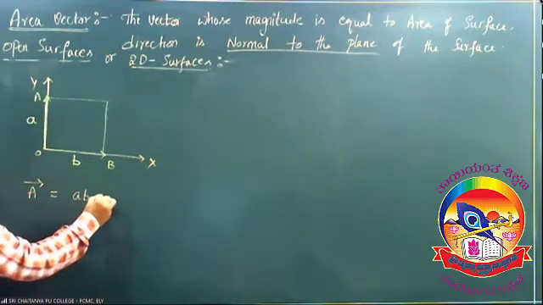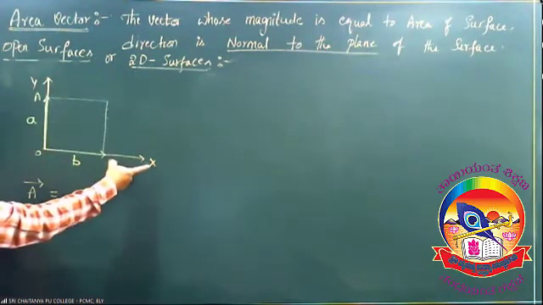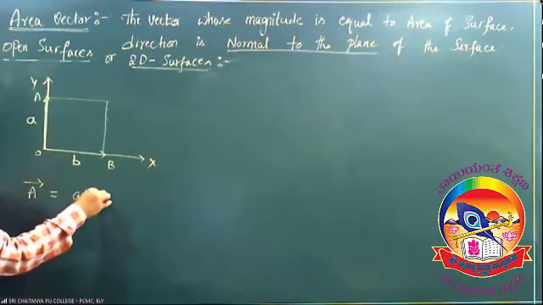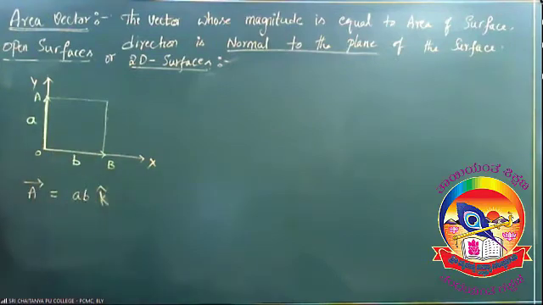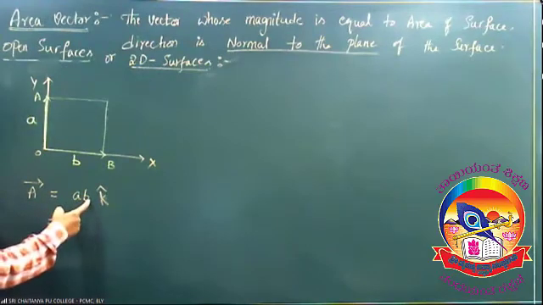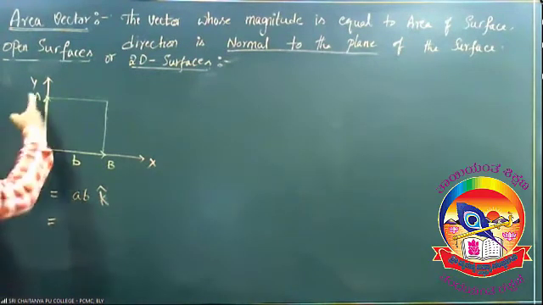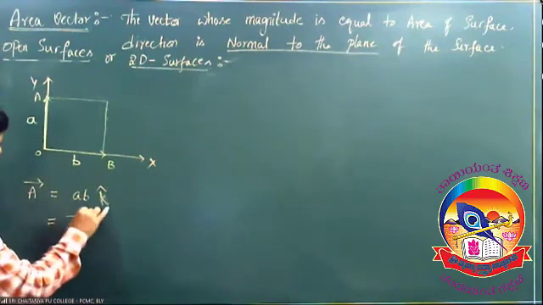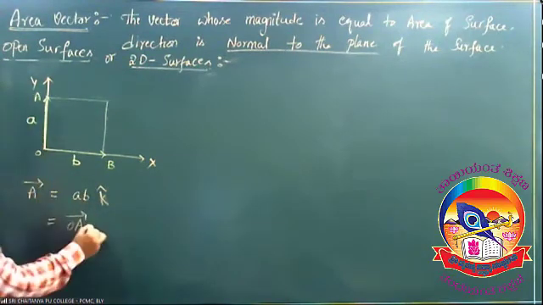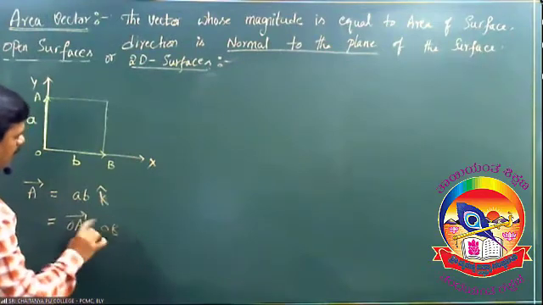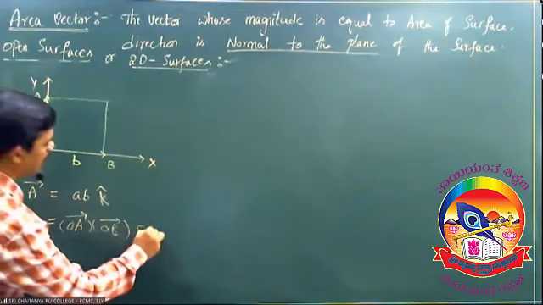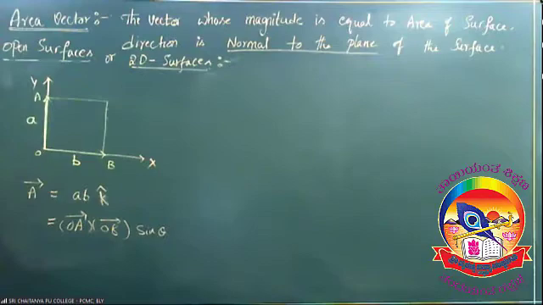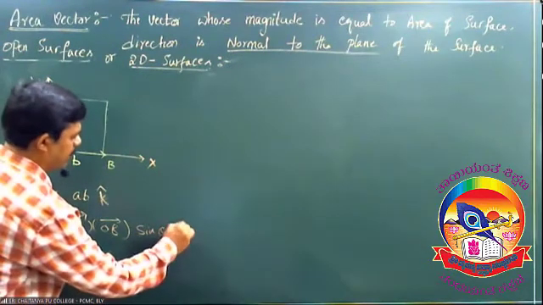Normal, in the sense, here it is Y and X, so K cap. Can I write it like this? OA, OB sin theta into n cap.